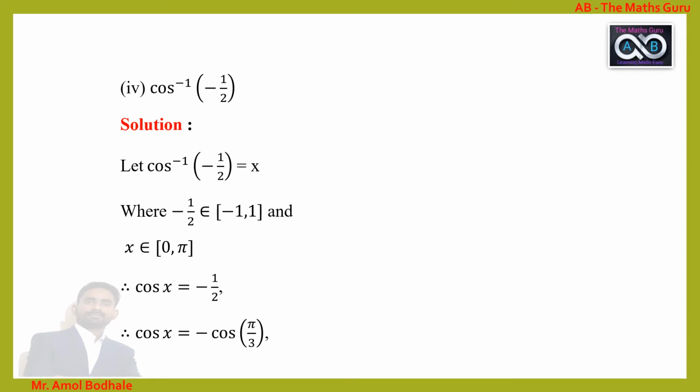Here we cannot compare both sides, as one side is positive and the other is negative. So we must convert this negative cos angle in terms of positive, as cos is negative in the second and third quadrants. Here we require the angle to lie between 0 and pi, so we can use the angle in the second quadrant. So cos of minus theta can be written as cos of pi minus x, which lies in the second quadrant.